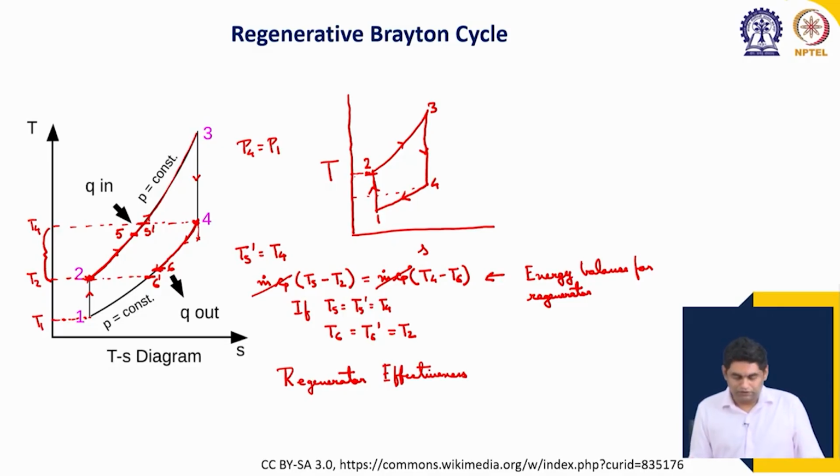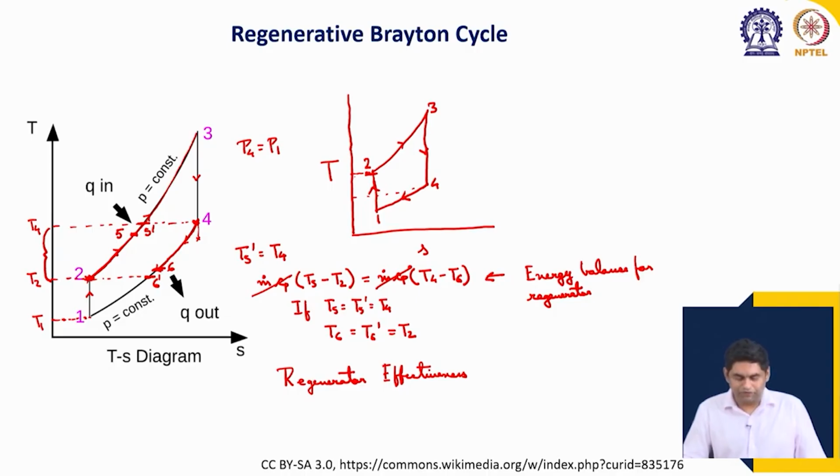Okay. So, remember, in the perfect situation we can reach, theoretically, the temperature T5 equal to T4 and T6 equal to T2. Okay. But this is not possible practically, because this will need an infinitely large heat exchanger and infinite amount of time for the heat exchange to occur, because of negligible temperature difference between the two fluids.